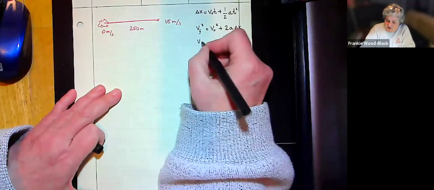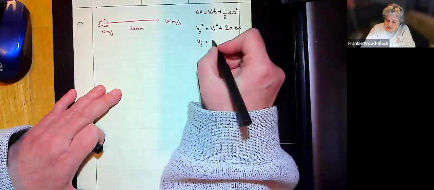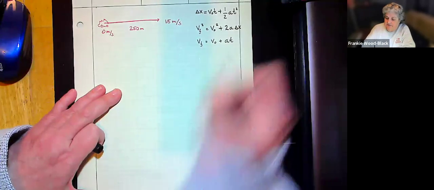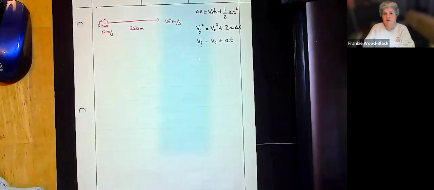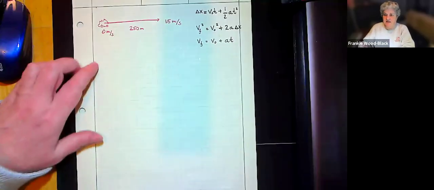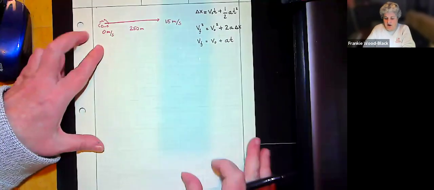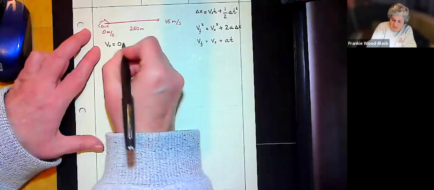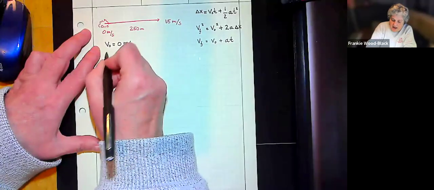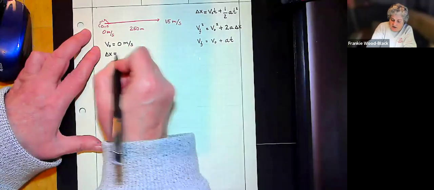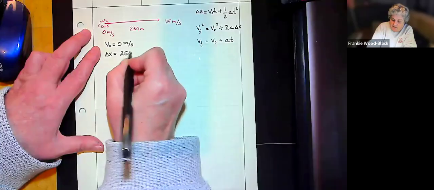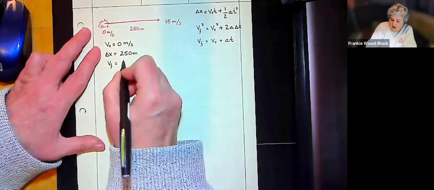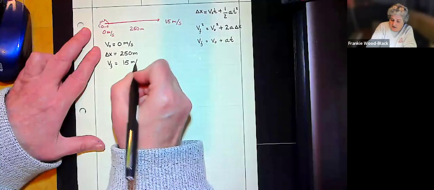And we have that my final velocity is equal to my initial velocity plus my acceleration times time. For this problem, we have an initial velocity equal to 0 meters per second, a change in position of 250 meters, and a final velocity of 15 meters per second.